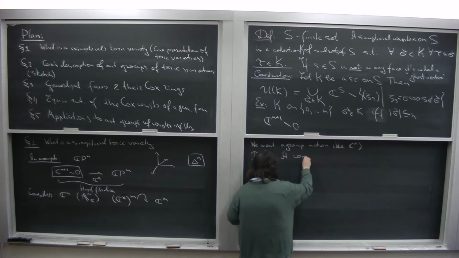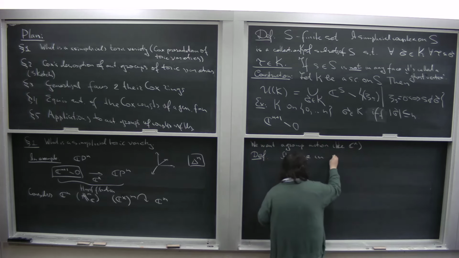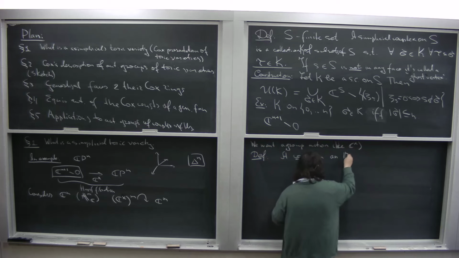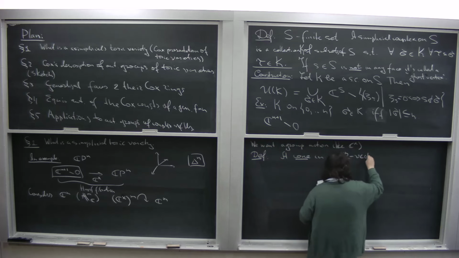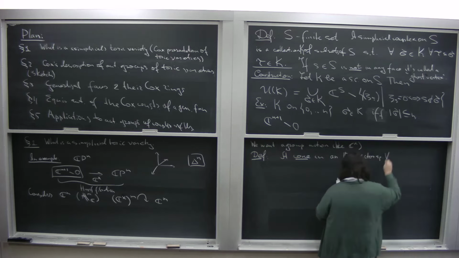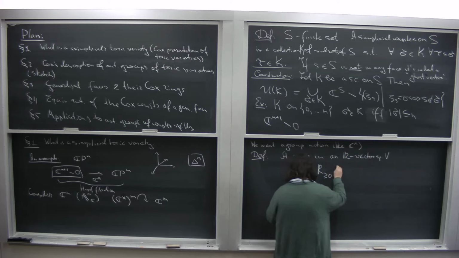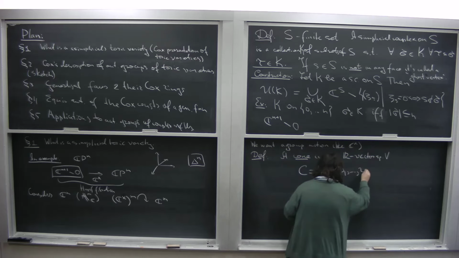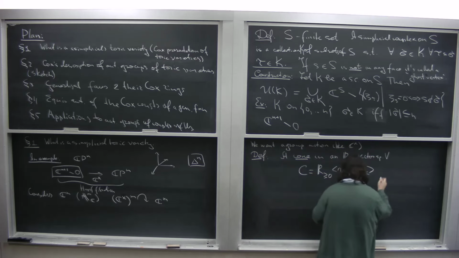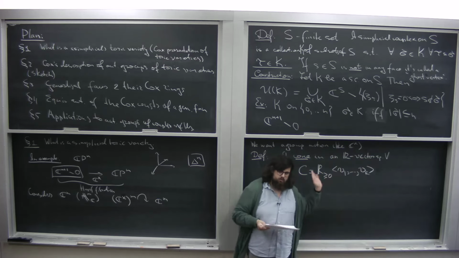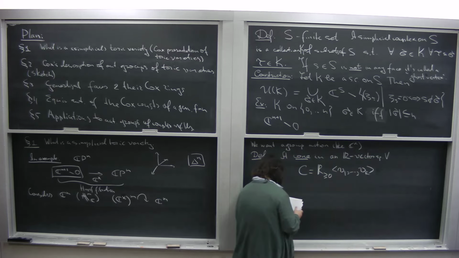A cone in our vector space V is just a semigroup like this. You take a bunch of vectors, you generate the semigroup.